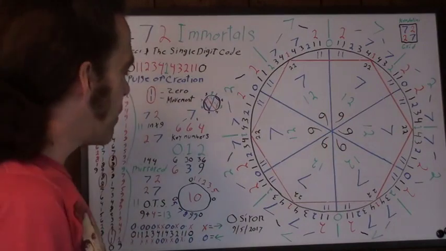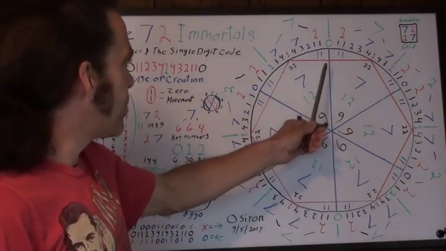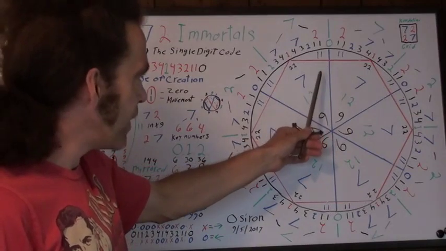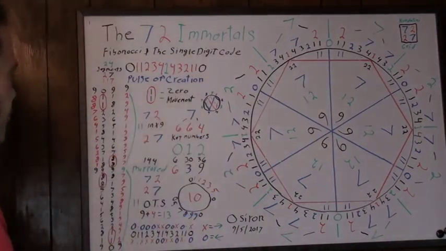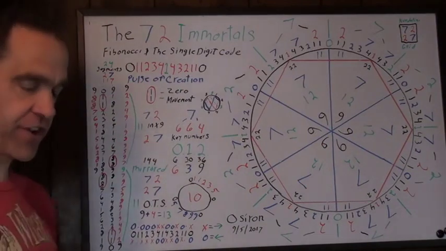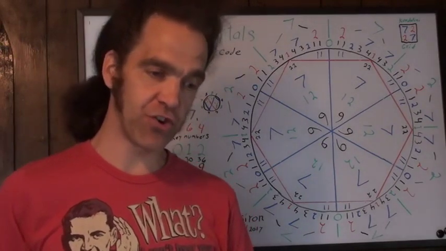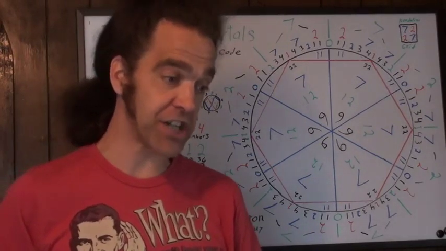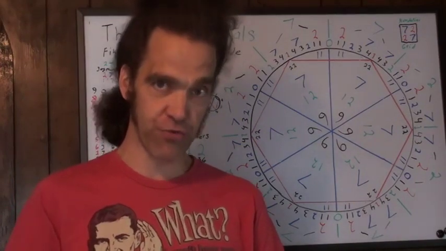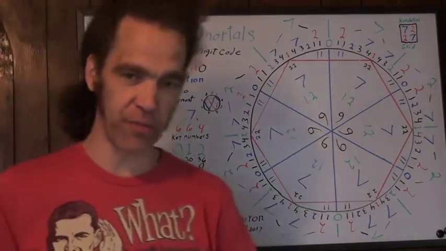This wheel is showing you how this is a completely symmetrical wheel that uses this sort of refined code of Fibonacci called the pulse of creation. That's what that is. And this pulse of creation, I first showed this actually in the very first video that started all of this, Proof of God 1, when I didn't even have this dry erase board or markers or anything.